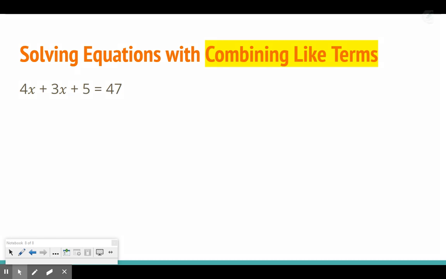Next, very similar problem here. I have a couple variables that can be combined. Notice that I didn't have the distributive property, so I just jumped right into combining like terms. So I can combine 4x plus 3x to get 7x. The 5 can't be combined with anything because there are no like terms on that side. And the 47 stays because, again, there's nothing over there for it to combine with.